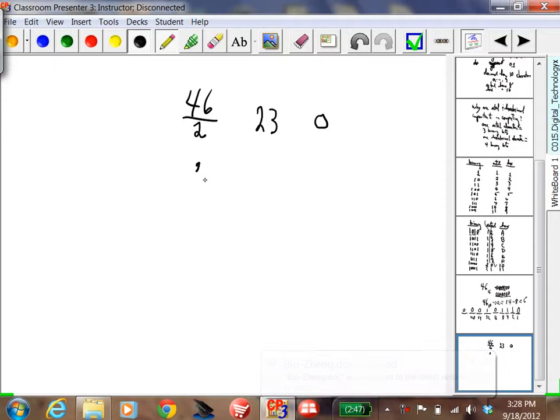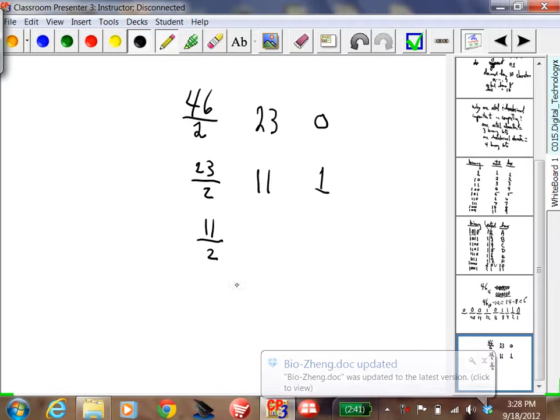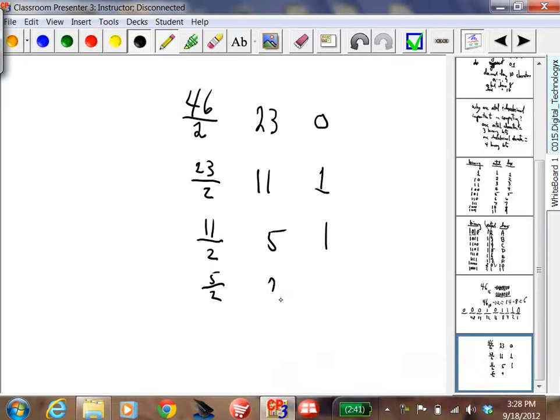And they'll take the 23 and divide it by 2. And then let's say 11 with a remainder of 1. And they'll take the 11 and divide it by 2. And they'll say that's 5 with a remainder of 1. And they'll take the 5 and divide it by 2. And they'll say that's 2 with a remainder of 1. And they'll take 2 and divide it by 2. That's 1 with a remainder of 0.